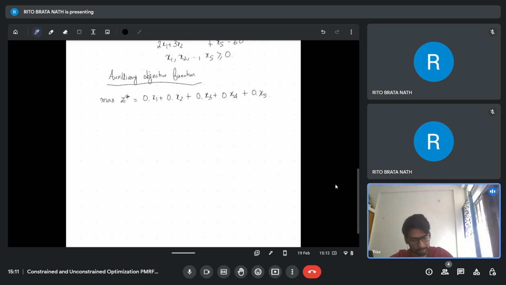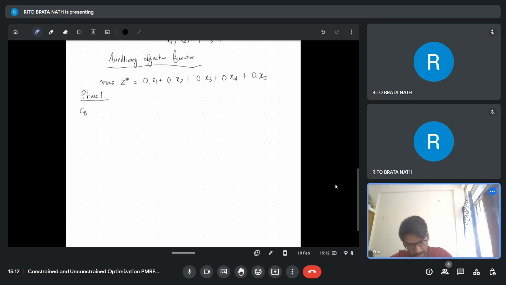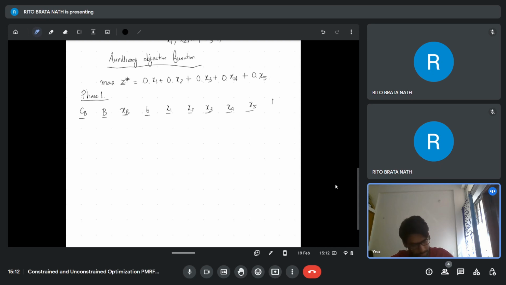So in phase one, what you have is, let me write down, this is CB, then you have B, then XB, then small b, then x1 to x5, and this will be the min ratio column.